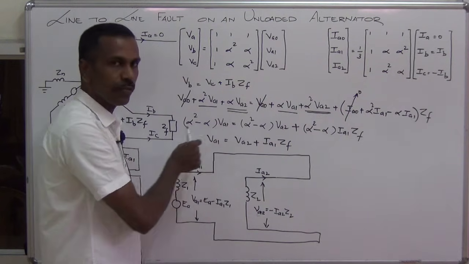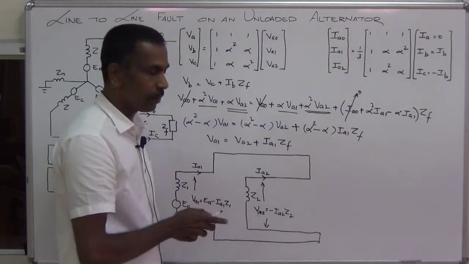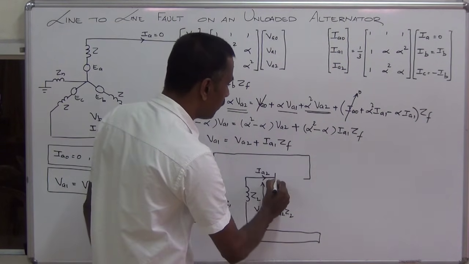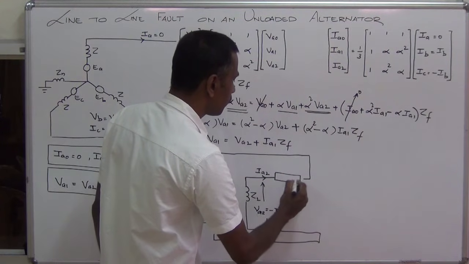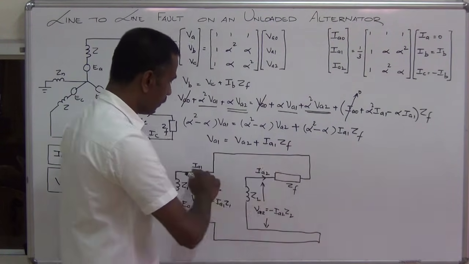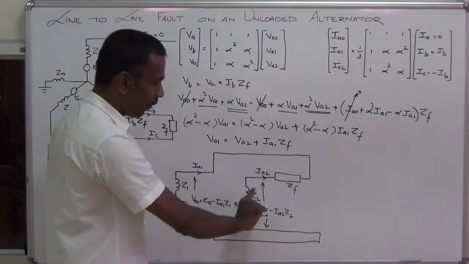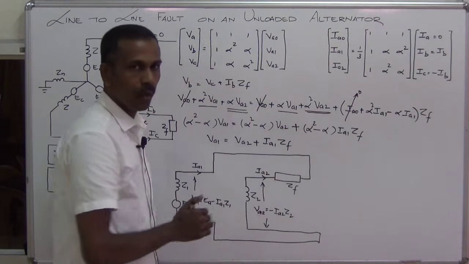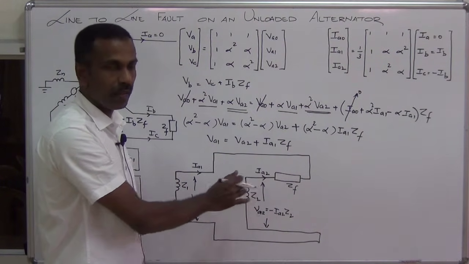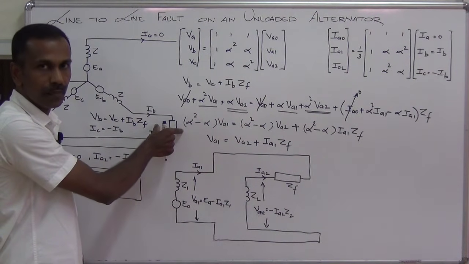So positive sequence voltage equals negative sequence voltage plus a drop. Here this is the impedance ZF. Here the current is IA1. This is the current IA1. So VA1 equals VA2 plus the drop across this impedance. So this is the complete sequence network for the line to line fault, including the fault impedance.